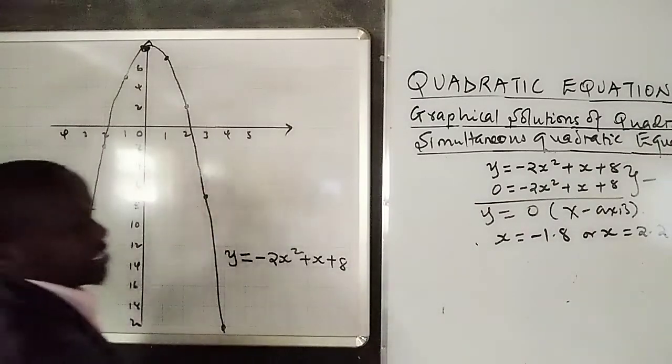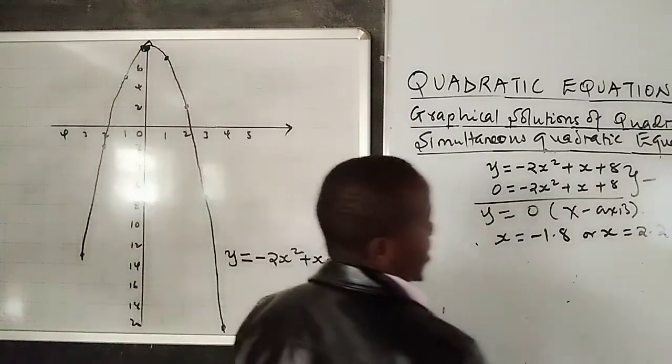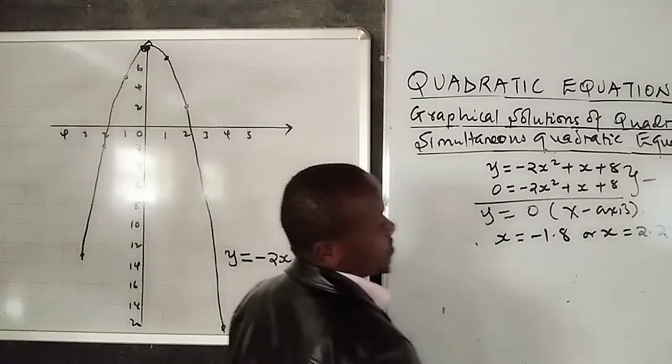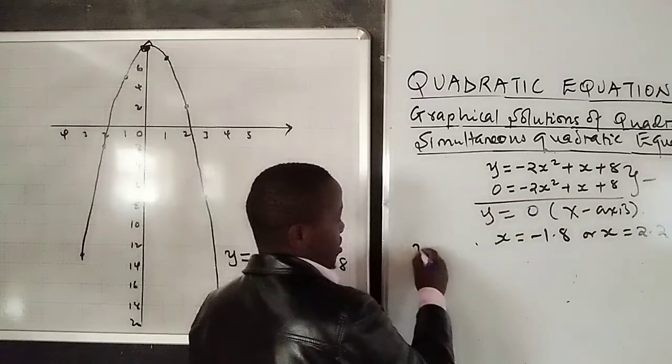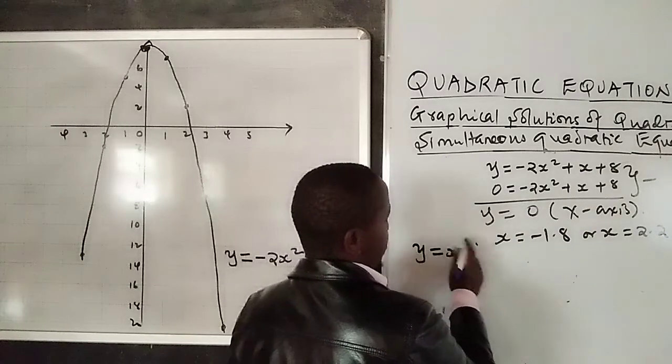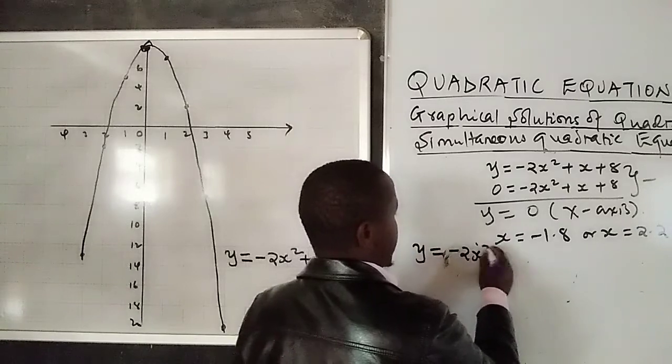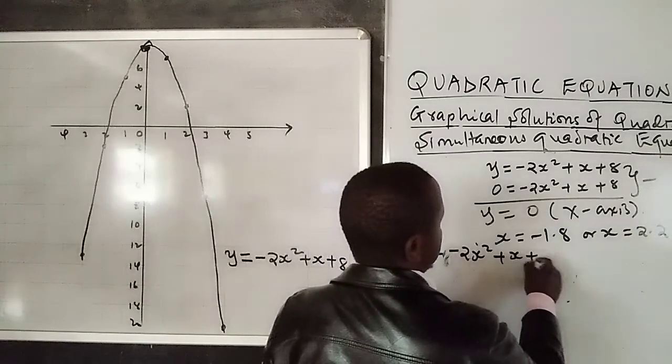Then lastly, part C of the question, find the roots of. So we take the original equation, negative 2x squared plus x plus 8.